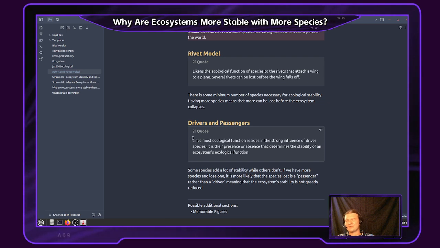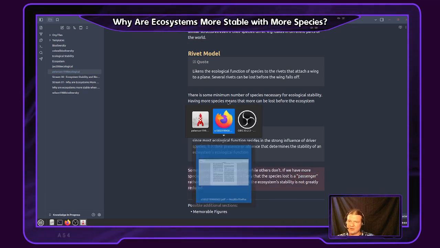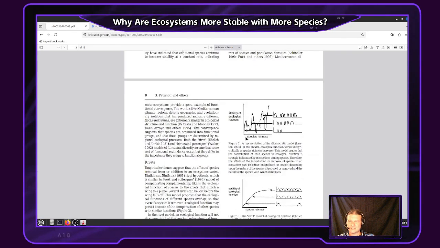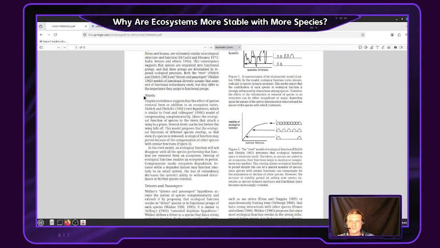And then the drivers and passengers model says that some species contribute a lot to the stability of an ecosystem while others don't. So if you have a lot of biodiversity, right, you can lose a lot of passenger species as long as you keep your drivers. So let's have a look at these and make sure we're understanding these correctly. This is a very short thing.